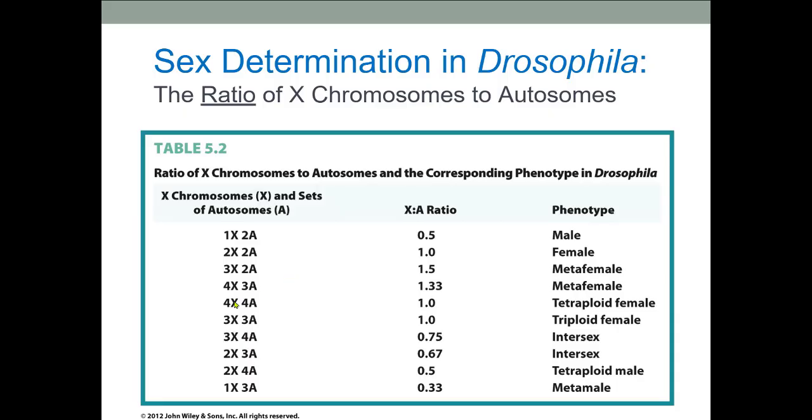Having 4 X chromosomes, but now more autosomes, gives us a ratio that's a little lower, so we can get metafemales that are a little bit different. In extreme cases, we can get some very unusual chromosomal arrangements, and we can see the outcome. So standard fruit fly males and females are up here, and this is just showing us that there's a lot of other stuff that can happen.